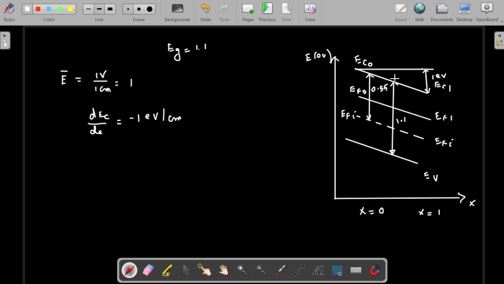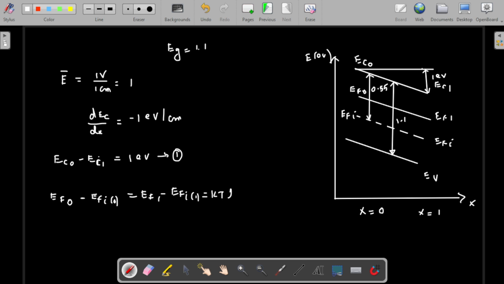Okay, so let's first find out what is available to us. We know that EC0 minus EC1 will be equal to 1 eV. Let's take this as the first equation. Then let's find EF0 minus EFI0, because we know the formula, as it is an n-type. We can use the formula, which is also equal to EF1 minus EFI1, which is equal to kT ln(ND divided by NI).